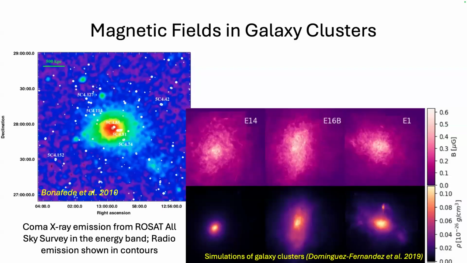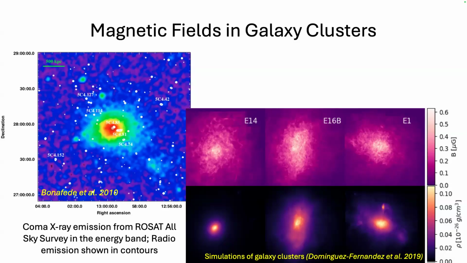On top, you have the magnetic field structure, and on the bottom, you have the gas density. This is a cluster which never had any mergers in its evolution, and these two are clusters which recently underwent a merger event. So you can see that the gas density itself is sort of distorted by the merger, and that the magnetic fields are kind of linked to what the gas is.